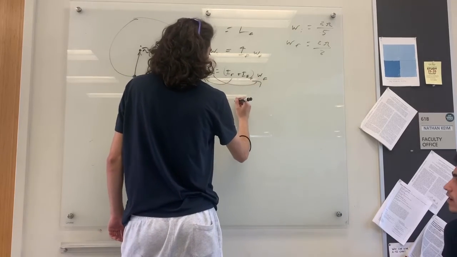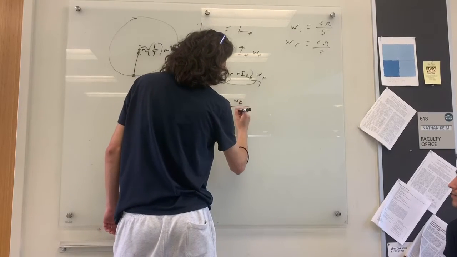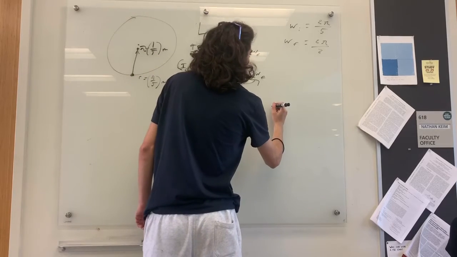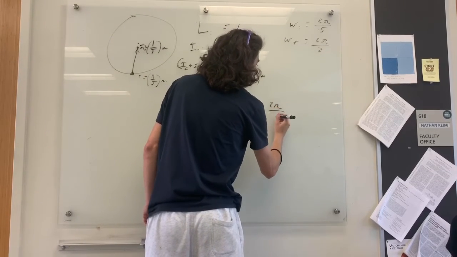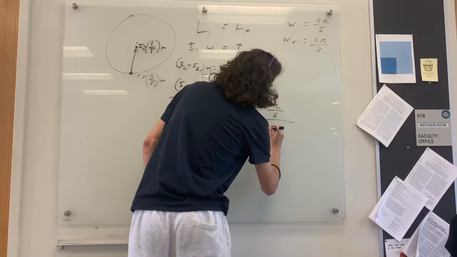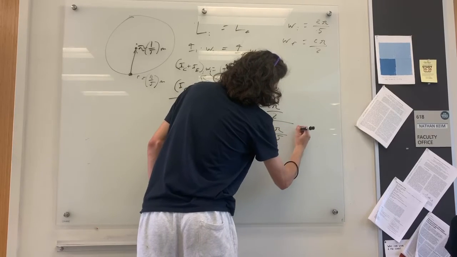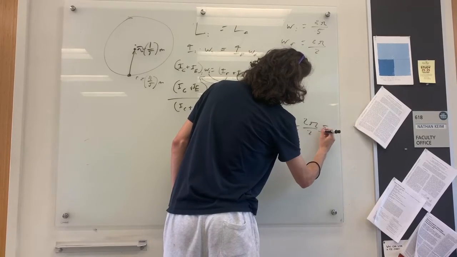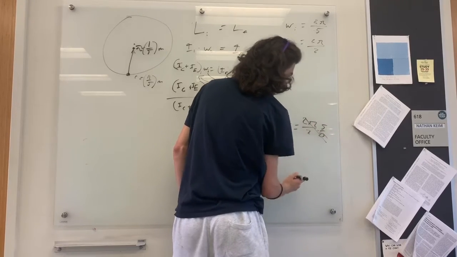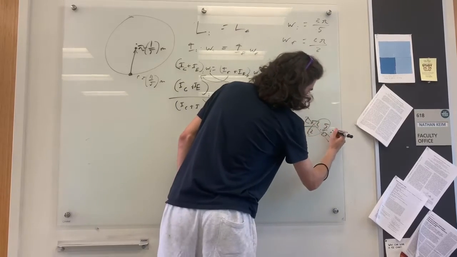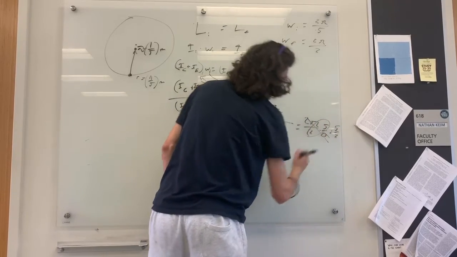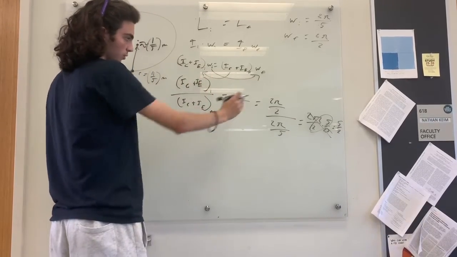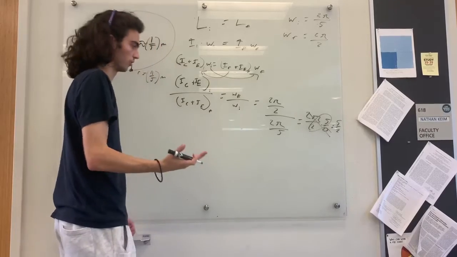So omega final over omega initial equals 2 pi over 2 over 2 pi over 5, which gives us a ratio of 5 over 2.